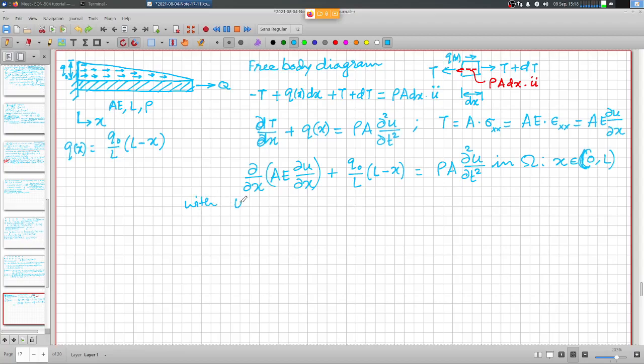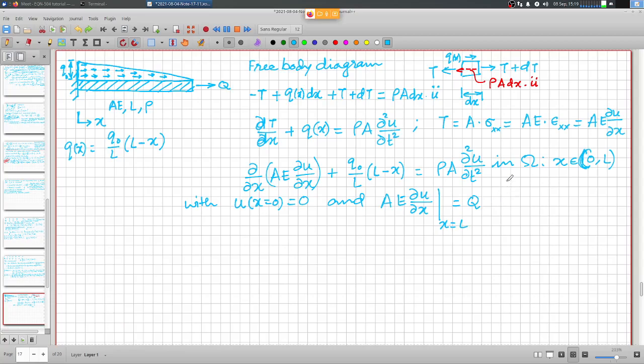with the boundary conditions being u at x is equal to 0 and AE times del u by del x, the axial thrust at the free end, is equal to this applied force, point load Q. Right?